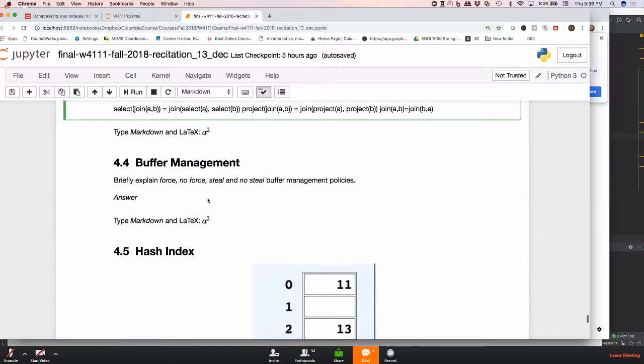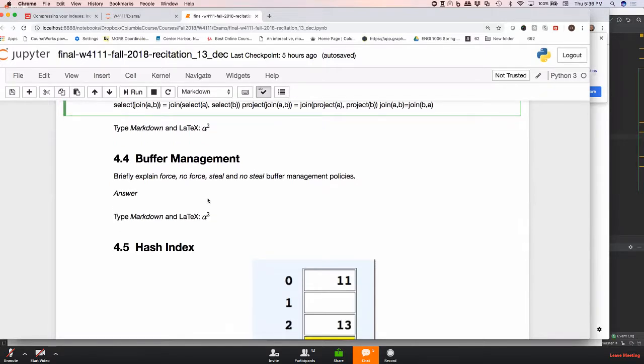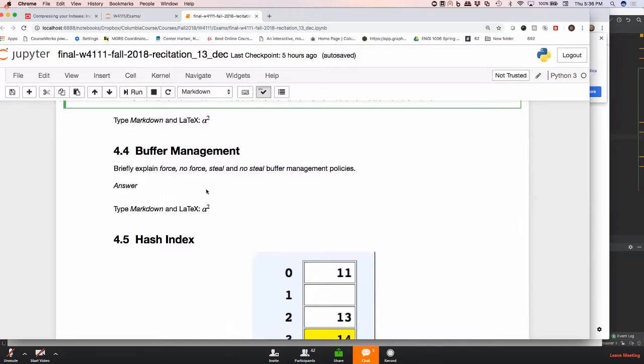Buffer management. Explain force, no force, steal, no steal buffer management policies. All right. Force is when the transaction is going to commit, I force any dirty data in memory to disk. So if this transaction has touched 2 pages, 2 blocks, I push both of those blocks from the buffer pool back to disk before I commit the transaction.